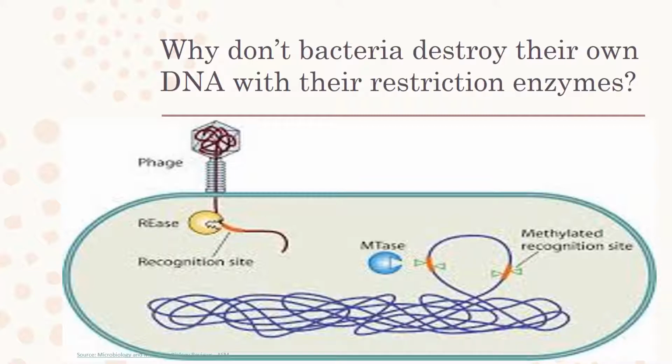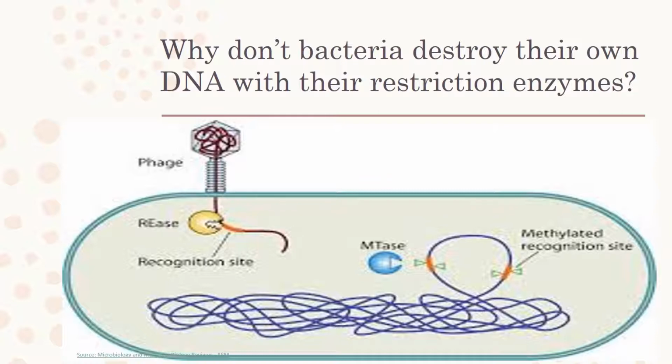The second one is that if the recognition sequence exists but the enzyme is methylation specific, bacteria prevent their own DNA from being chopped down by the restriction enzymes through methylation of the restriction site. Methylation of DNA is a very familiar way to modify DNA function.